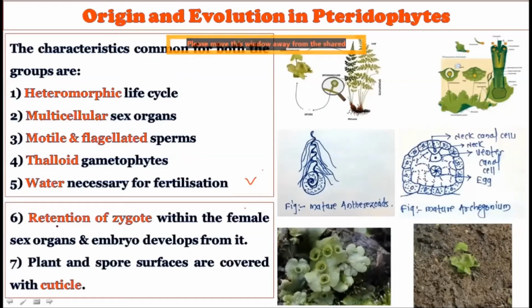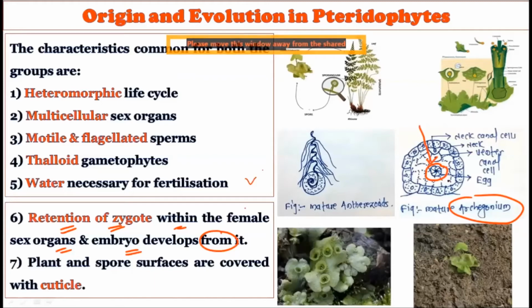All right. The sixth point, which is very matching between the bryophytes and the pteridophytes, is the retention of the zygote within the female sex organ and the embryo development from it. This is very common between the bryophytes and the pteridophytes, where there is the archegonium, and in the archegonium we have the egg, a non-motile egg. When the sperm, that is the male gamete, reaches here, there is a fusion and a formation of the zygote.